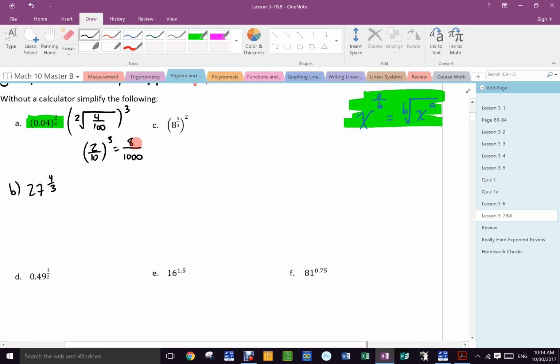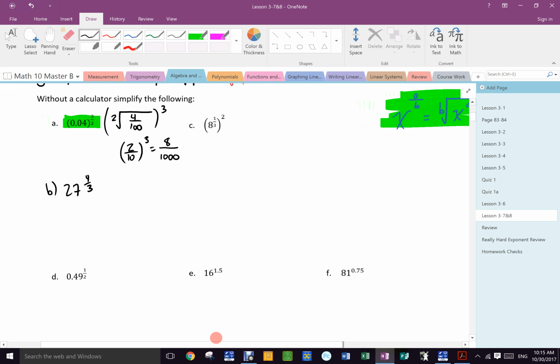You would simplify that to either 2 over 125, right? I lie. 1 over 125. 2 over 250. Blah, blah, blah. Everyone is good? All right, let's look at B.